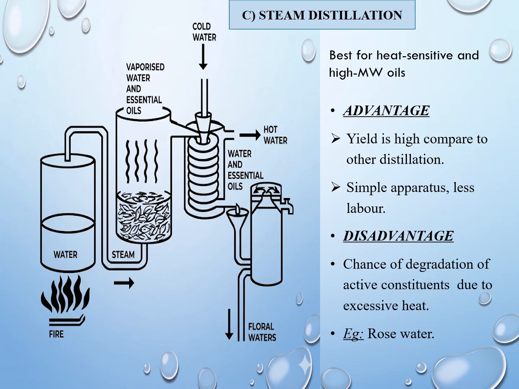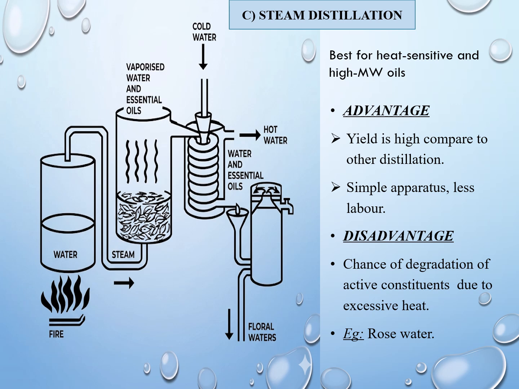So what happens when the steam is injected into the still from an external boiler? The steam, while passing through the plant material, carries the volatile oil. That means the volatile oil is present in the plant material, and while passing the steam, what happens?